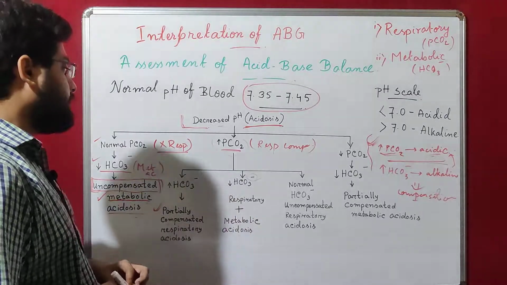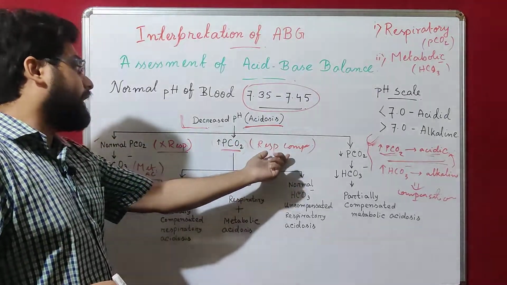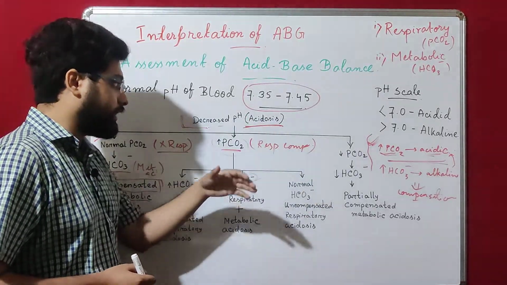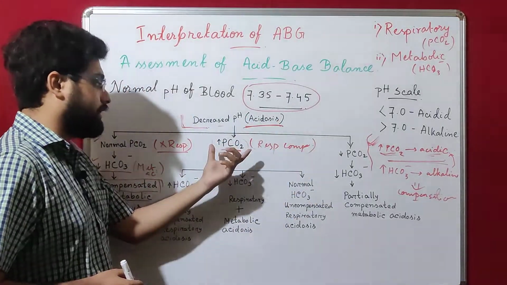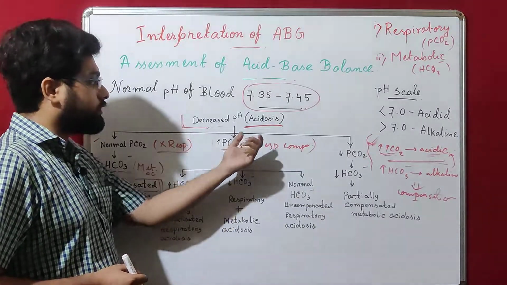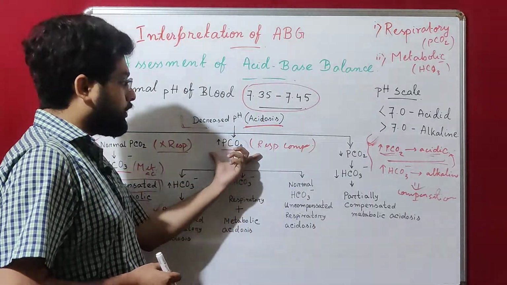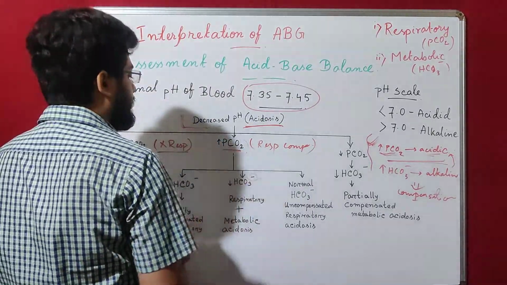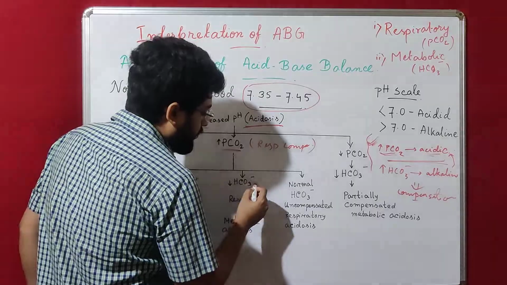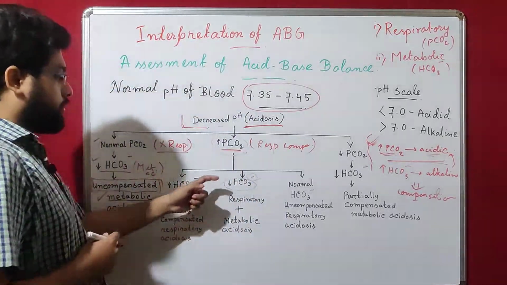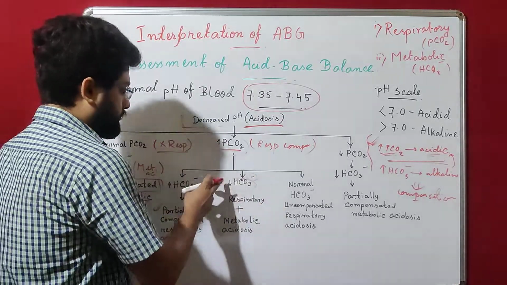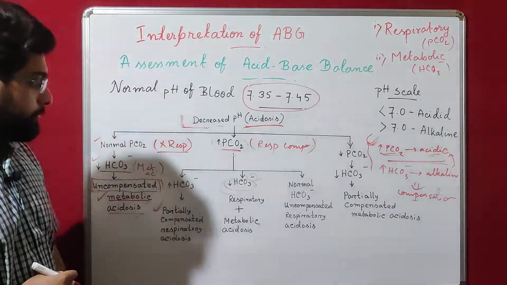So here we can see that a respiratory cause which is creating acidosis is already present. The increase of PCO2 is causing acidosis. With the respiratory component, there is a metabolic component also which is causing acidosis in the patient's body, the decreased concentration of bicarbonate.